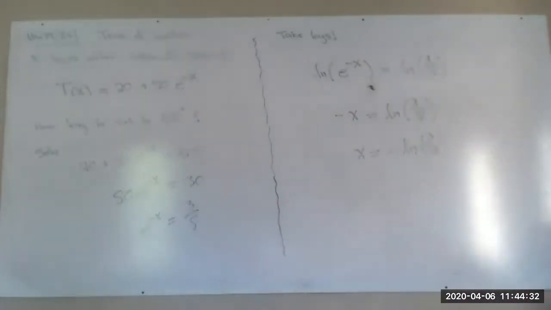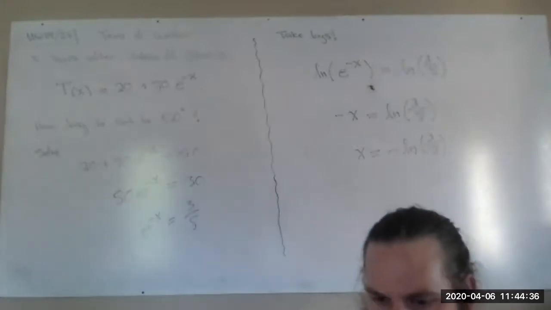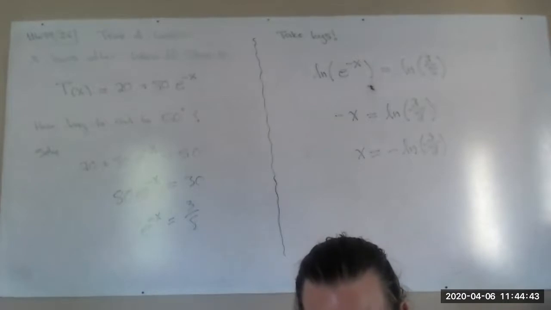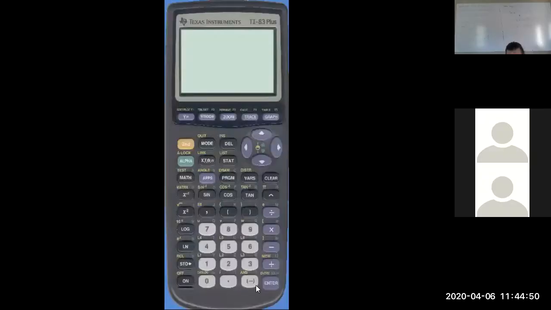how big that is. So I'm going to switch back to the screen share really quick again to show you what that looks like in the calculator. I would type negative, oh, sorry, turn it on, clear it up. Type negative ln of 3 divided by 8, and then close that parentheses.